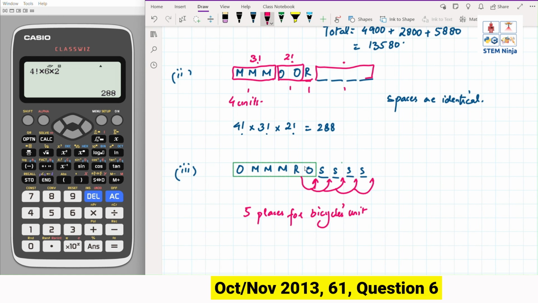These are 2 different bicycles. So we have 2 factorial for ordinary bikes because different bikes, they are not the same bikes.